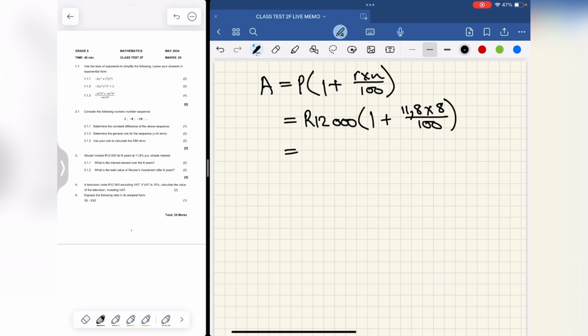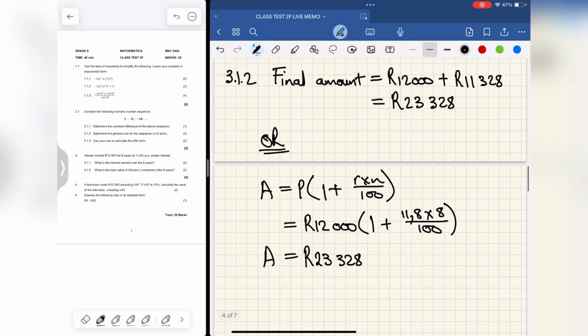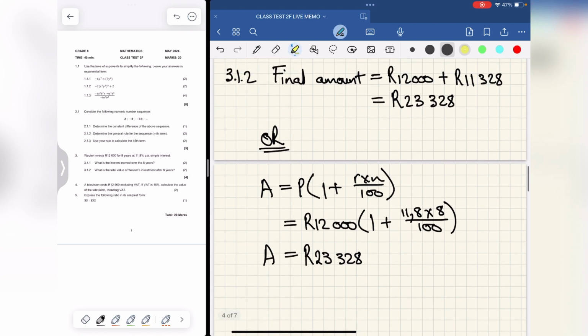And this entire calculation we can just then do 11,8 times 8 divided by 100, then add the 1, then times by 12,000, and I get the exact same answer of 23,328 Rand, and that is my final amount. It is the same final amount.